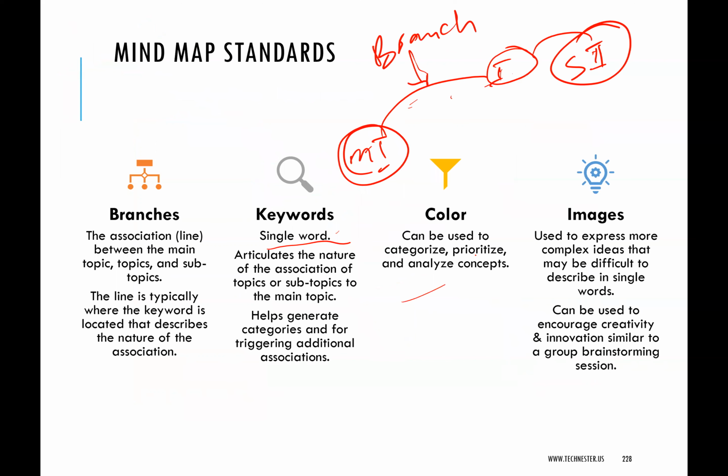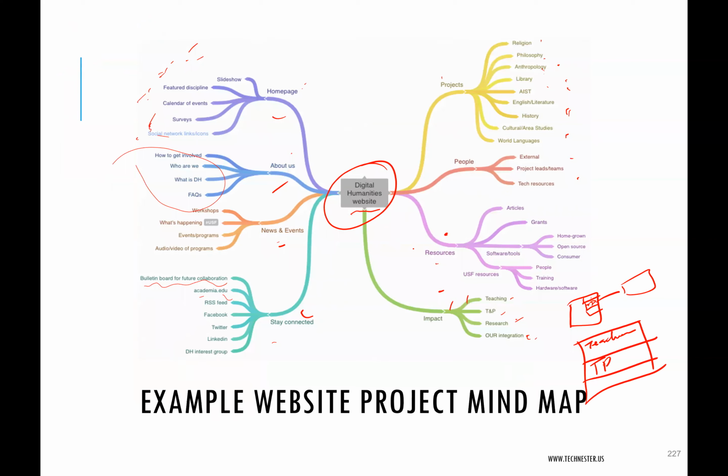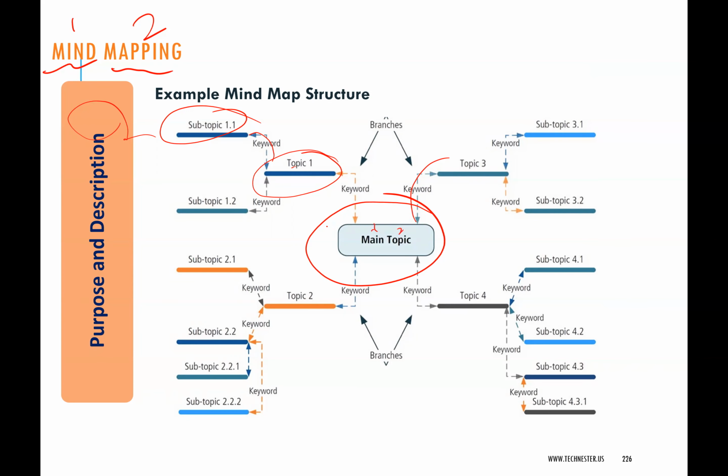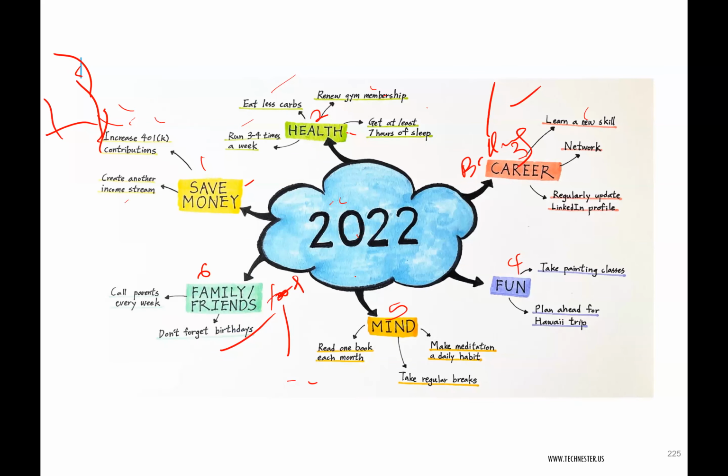Then color. Color can be used to categorize or prioritize and analyze concepts, right? So colors are your friend when it comes to mind map, when it makes sense. Don't just put color anyhow so that the color will not have meaning, right? So use colors in a way that makes sense, that will help people understand that you are trying to show us different categories of things.